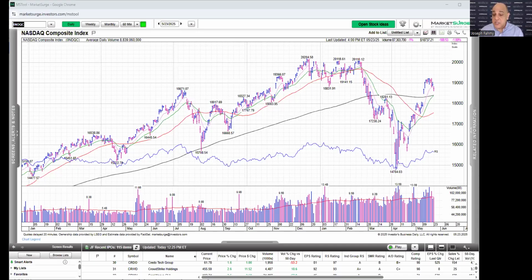Is float size ever a criteria or deterrent for entering or not entering a stock? That's a great question. I'm trying to think of an example.